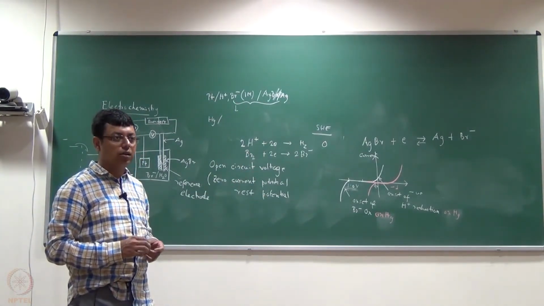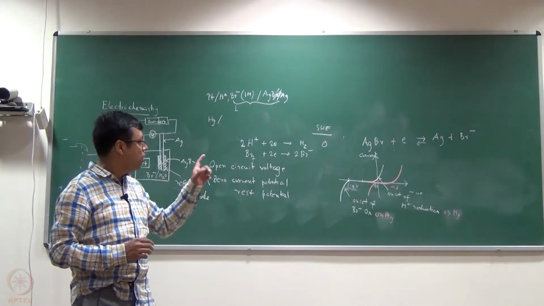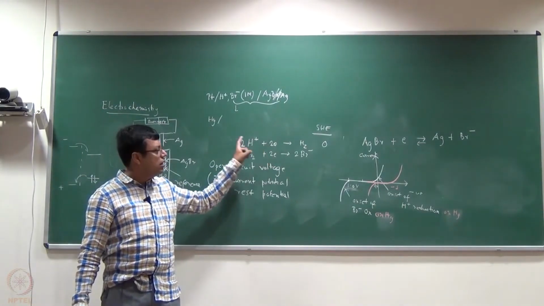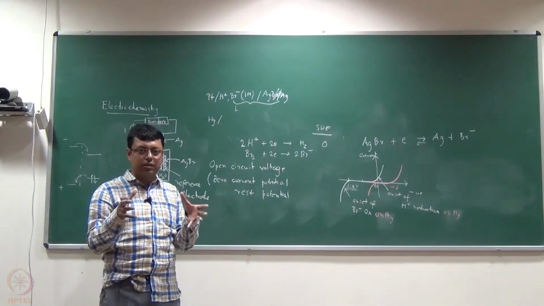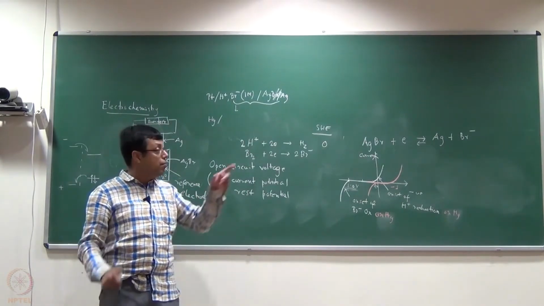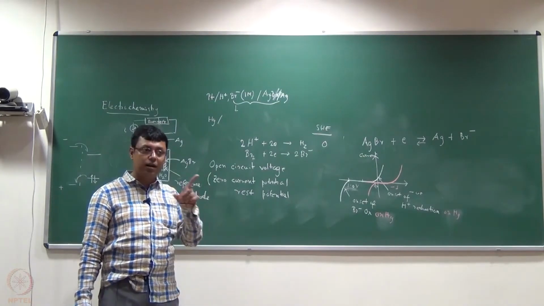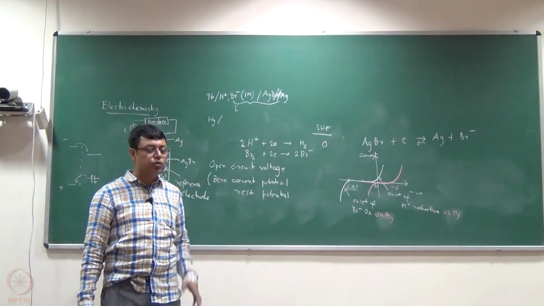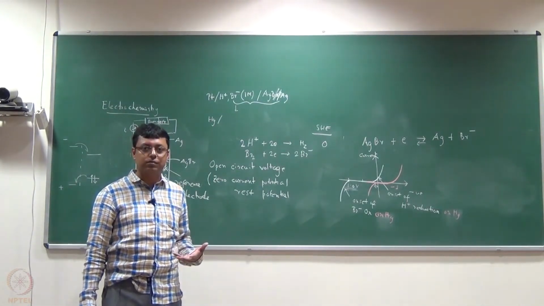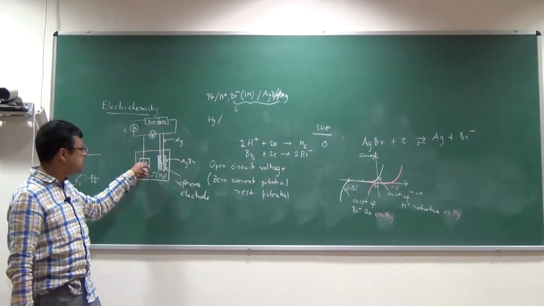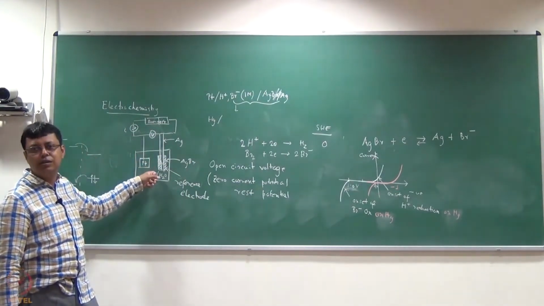Now, whatever you described here, H plus plus electron, this is the actual reaction. But you defined it with respect to platinum and hydrogen. That was your standard hydrogen electrode definition. So when you are using platinum as electrode, the same reaction does not differ too much from the standard hydrogen electrode.